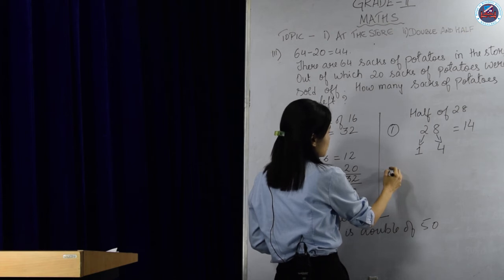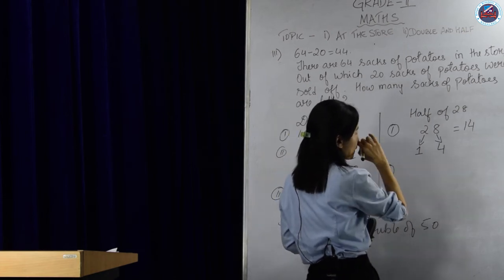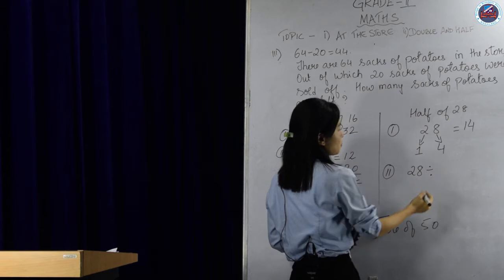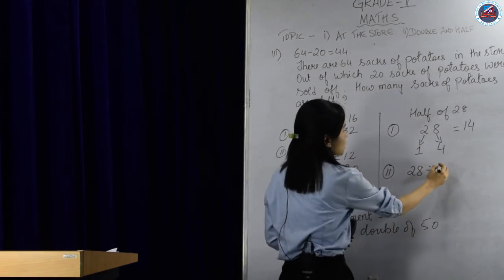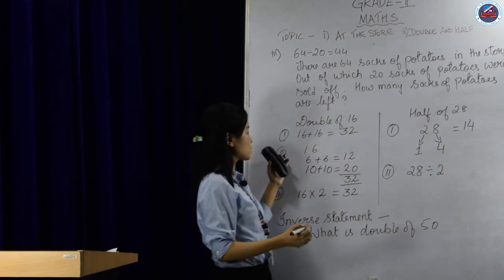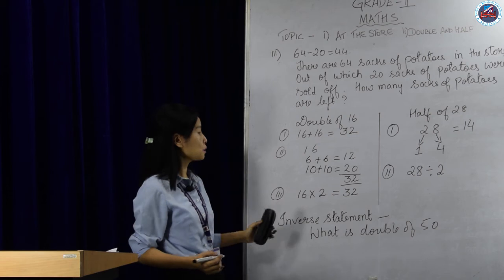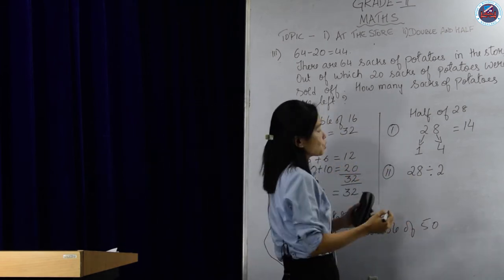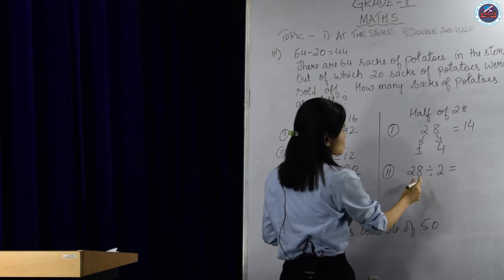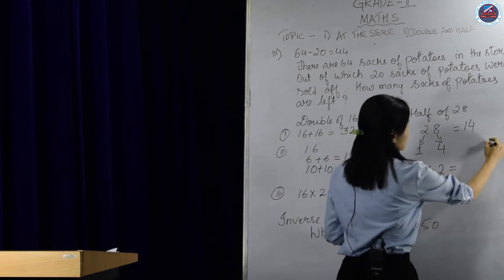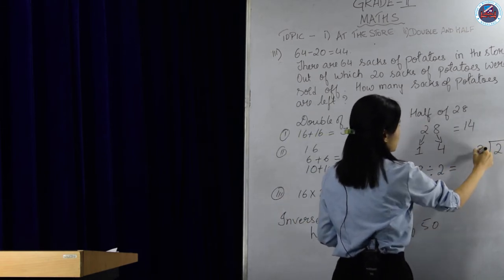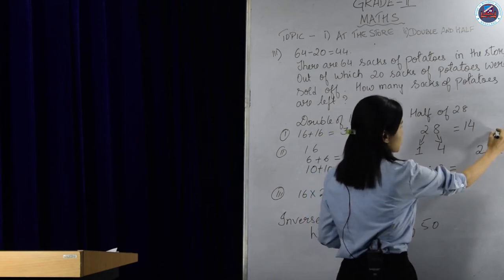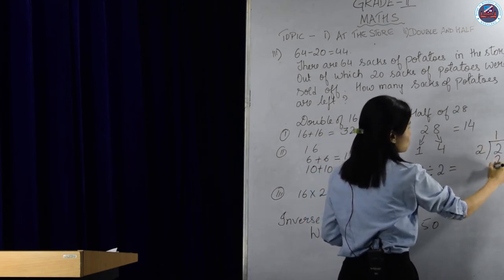The next way is 28 divided by 2. In doubles, you have to multiply by 2, and in half, you have to divide by 2. So when you divide 28 by 2: 2, how many times are 2? 1 time. 2 ones are 2.